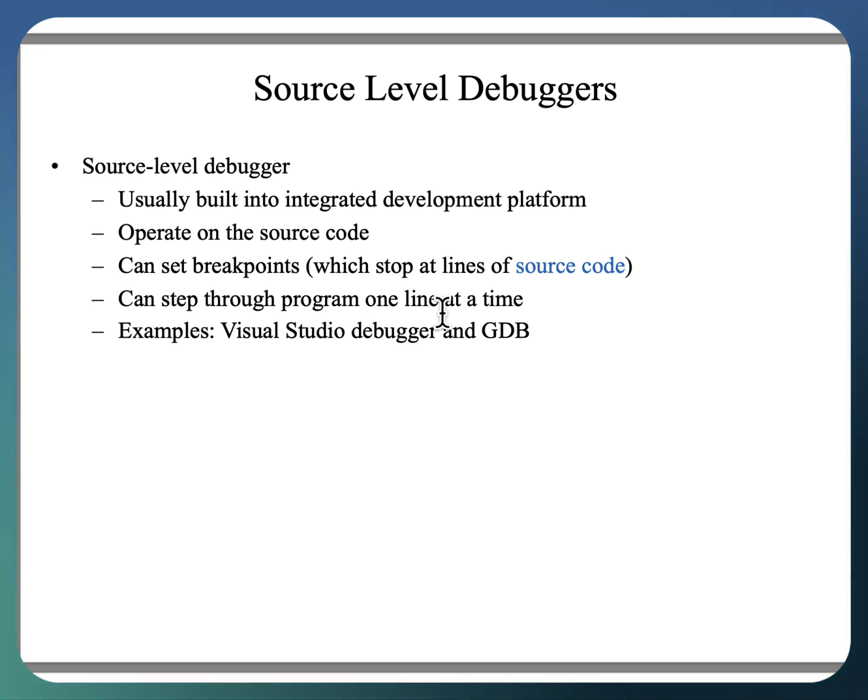In summary, a source level debugger is a debugger that you can use when you have access to the source code of that application, meaning the source file in which the application was written.